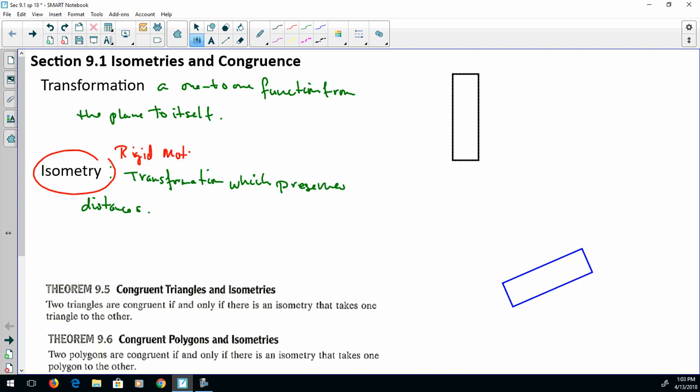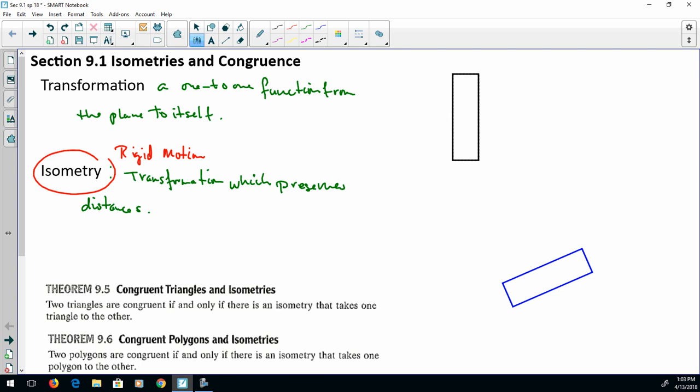In other words, an isometry is a way of moving things around in the plane in a rigid fashion where you don't stretch them, you don't twist them, you don't cut anything there. So when we say that two figures are congruent if there's an isometry, what we're saying is two figures are congruent if there's some sort of way of moving one on top of another one in a rigid fashion so that they match up perfectly.